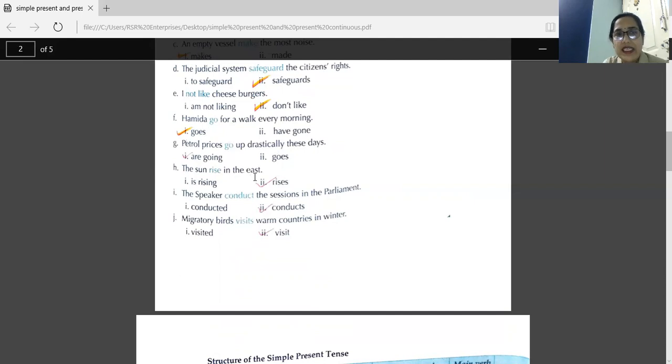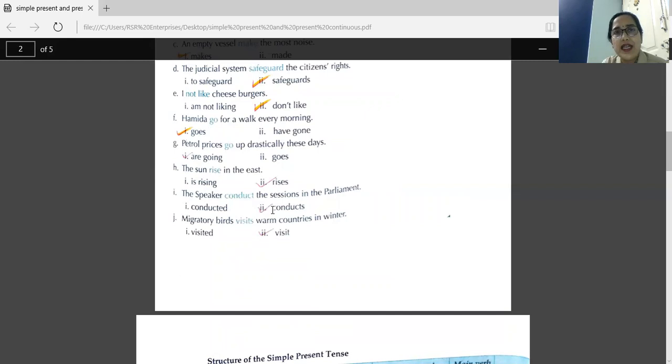Sun rise in the east. Universal truth, in place of rise, rises will come because sun is singular. Next, the speaker conduct the sessions in the parliament. This is the work of the speaker related to the job or profession. So conduct is wrong because speaker is singular.